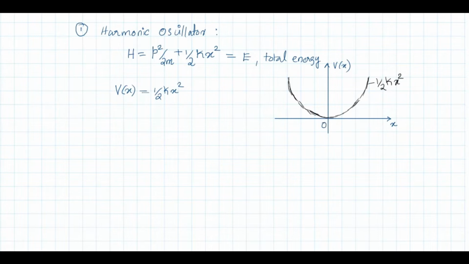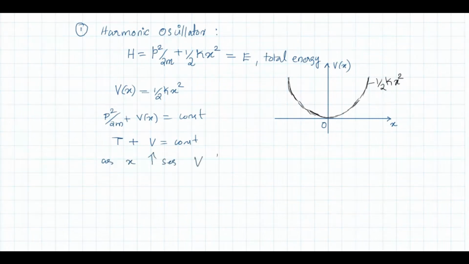Now, you all know that the kinetic energy p²/2m plus V(x) is a constant. This p²/2m is actually T, so T plus V is equal to a constant. As x increases, V increases. This implies T should decrease.